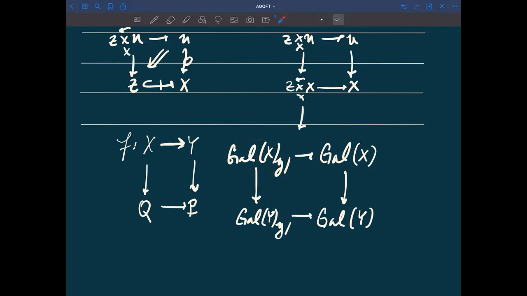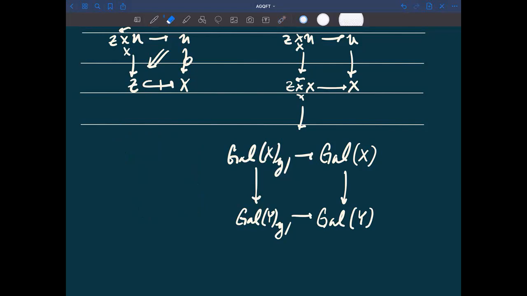That is to say, when you look at the nerves, this becomes a fiber sequence. Quillen calls it a quasi-fibration, or something like that, right? He uses this for algebraic K-theory, right? Yeah, this comes up in algebraic K-theory. That's right.